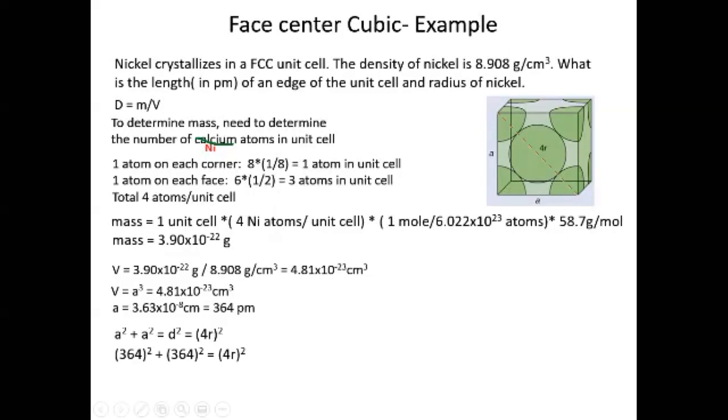So we square the A. We set it equal to 4R squared. We determined that the radius of nickel is 129 picometers. Now this A squared plus A squared equals 4R squared is the same for any face-centered cubic unit cell.